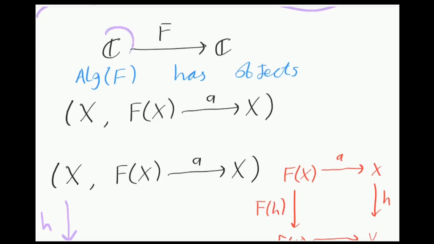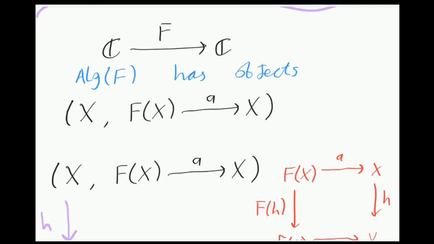If we have a category C and we have an endofunctor F, so just a functor F from C to C, then what we call an algebra of F is just an object X of our category C together with an arrow A from F of X to X. Okay, so it's really a very simple idea. An algebra of F is just an object X and an arrow from F of X to X.